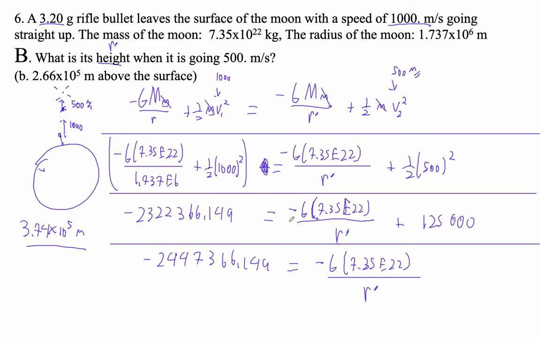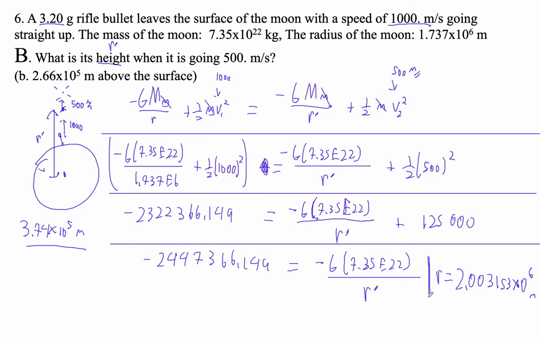Okay, so now I'm getting that R prime. This is from the center, right? This distance that I just figured out is this distance here. This R prime is from the center, and we've got to figure out how far it is from the surface. So it's 2.003153 times 10 to the 6th meters.